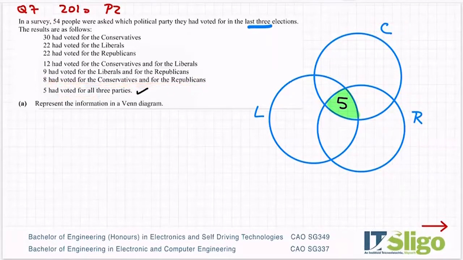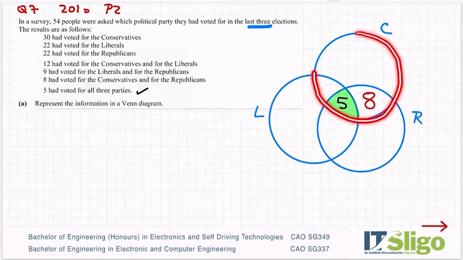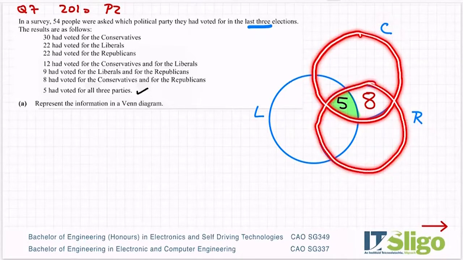Okay, so a common mistake that's made is that 8 gets put in there, for the Conservatives and the Republicans. Now what I want you to see is, watch when I outline Conservatives and Republicans. Now my question to you is, where do those 2 circles overlap? And you can see it's all in this area here.